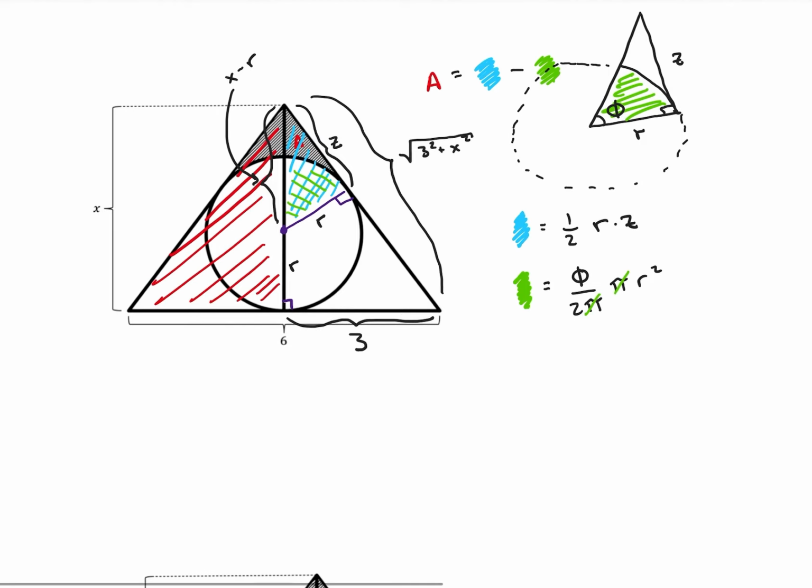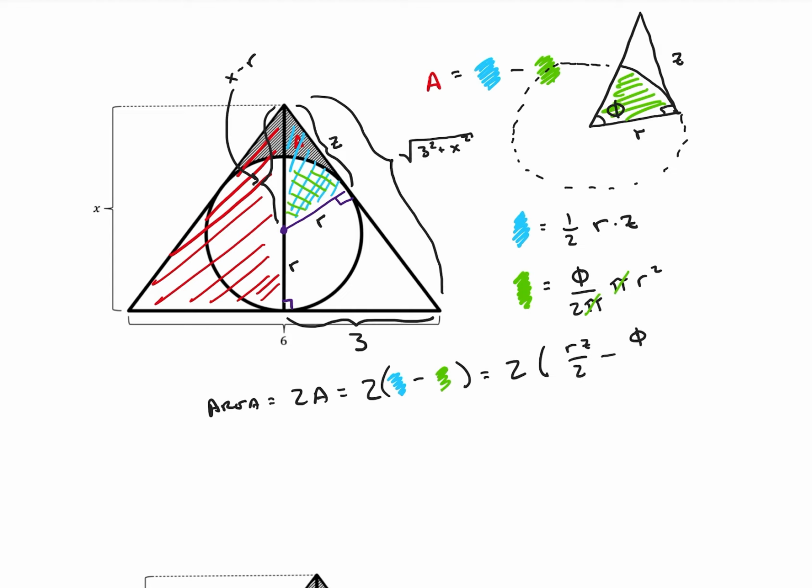So the total area I'm looking for is 2A, which is then 2 times this blue area minus this green area, which is going to be 2 times rz over 2 minus phi r squared over 2.